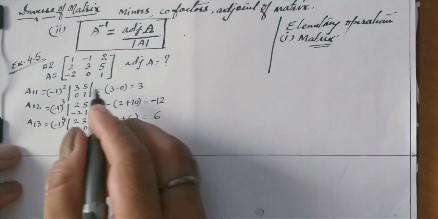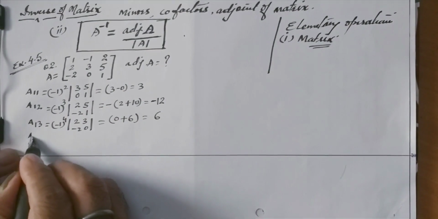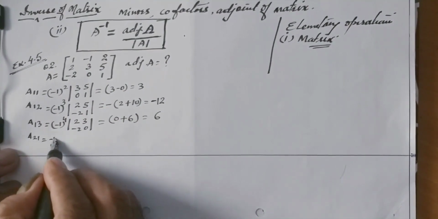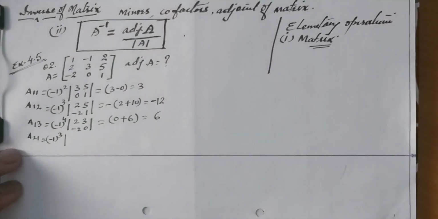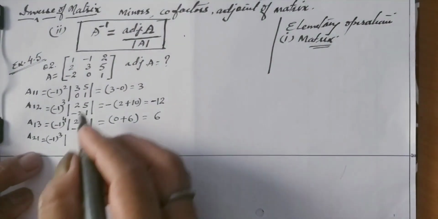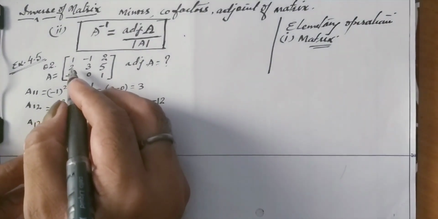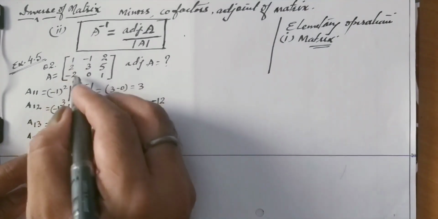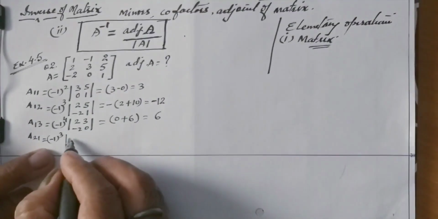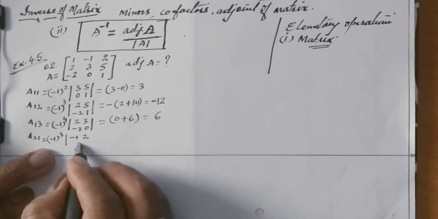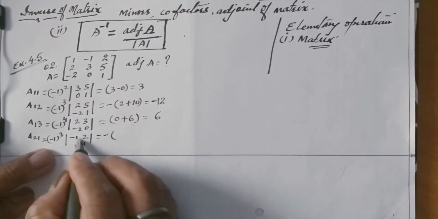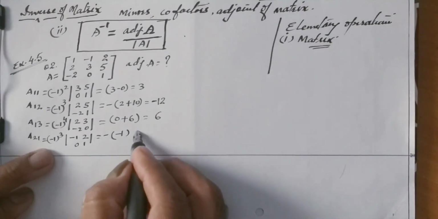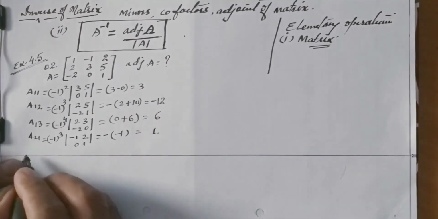So after A13, now we have A21, minus 1 to the power 3. A21 is this one. Leaving this way, minus 1 2, 0 1, minus 1 to the power 3, so minus 1 minus 0, so it is plus 1.